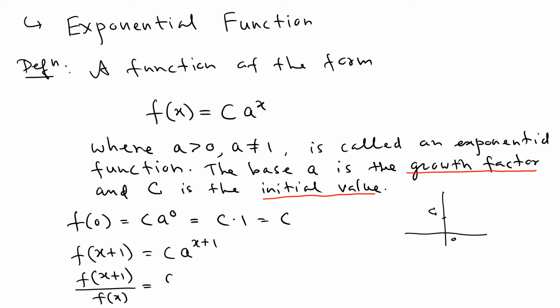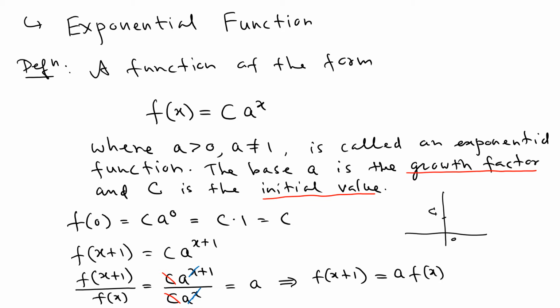So it is c a to the x plus 1 over c a to the x, and the c's cancel, and the a to the x's cancel. You end up getting simply a. What does that mean? That means that f of x plus 1 is simply a times f of x.